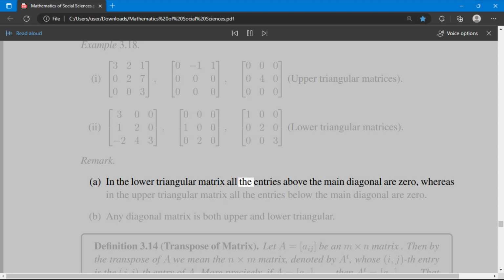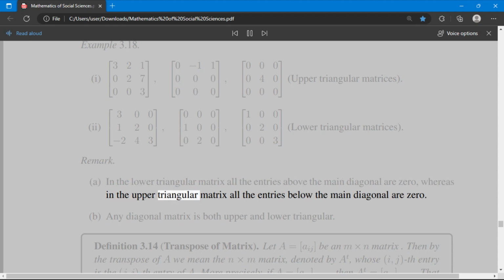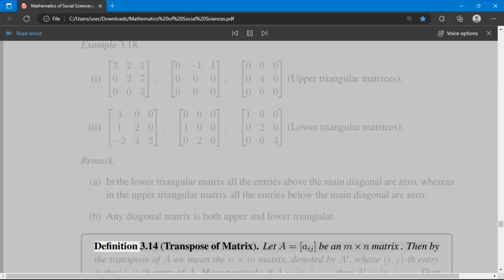Remark. A. In the lower triangular matrix all the entries above the main diagonal are 0, whereas in the upper triangular matrix all the entries below the main diagonal are 0. B. Any diagonal matrix is both upper and lower triangular.